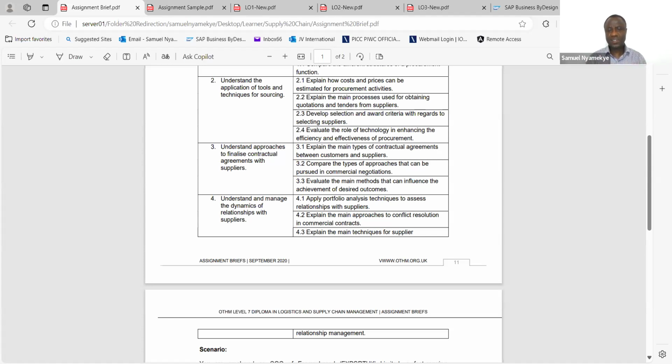Then supplier conflict resolutions, we've mentioned a lot of them, from simple negotiation through mediators and arbitrators, and eventually if you have to go legal.